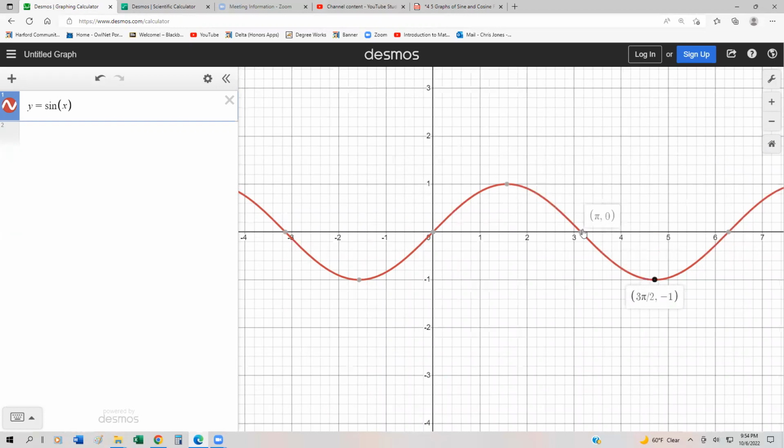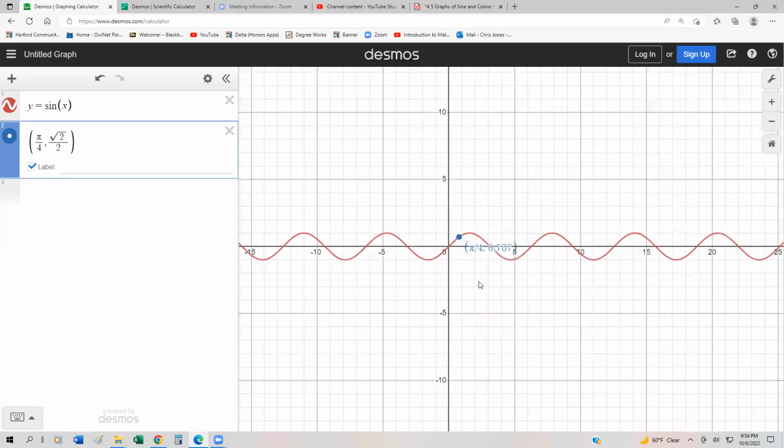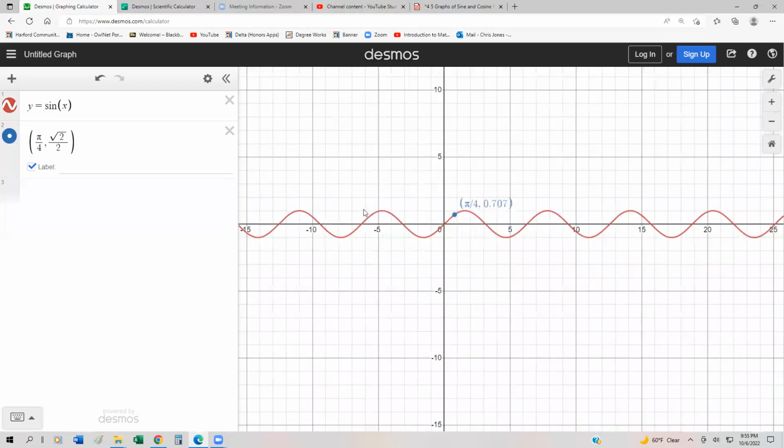So all those points that we plotted, in fact, we could go through. Remember, we had (π/4, √2/2). That's a point that falls on our function. And if we were to zoom out, we notice that the sine function keeps following this periodic behavior.